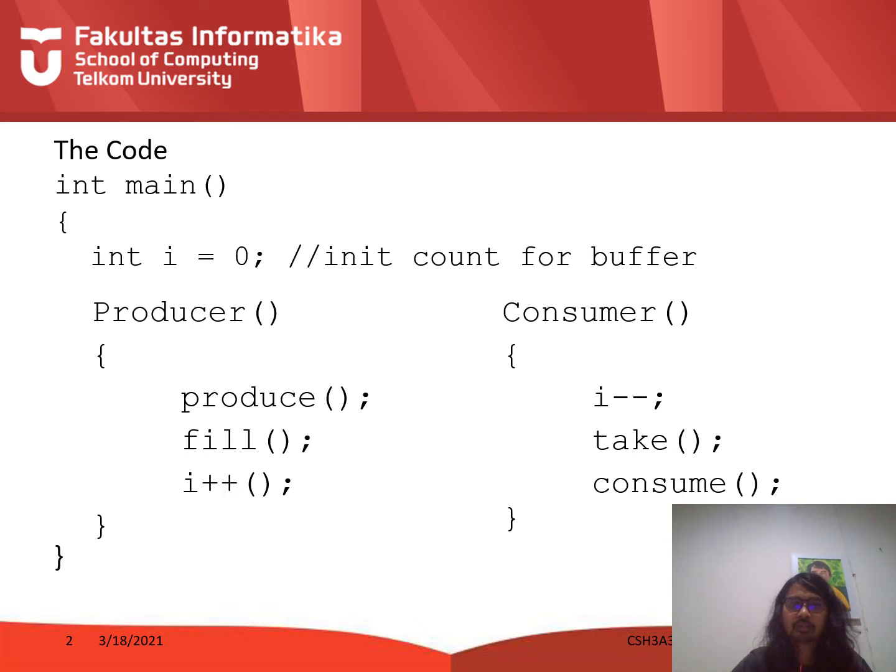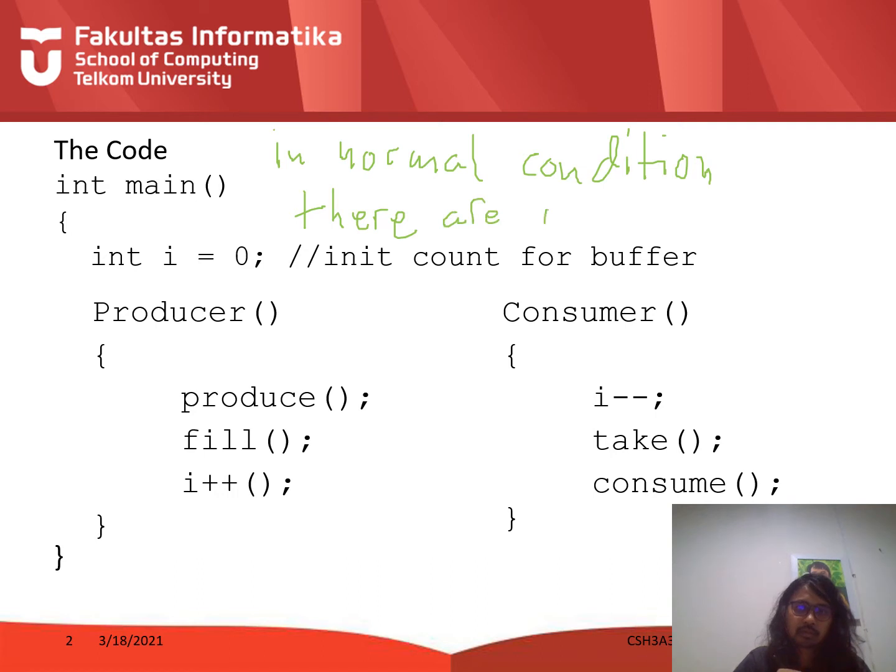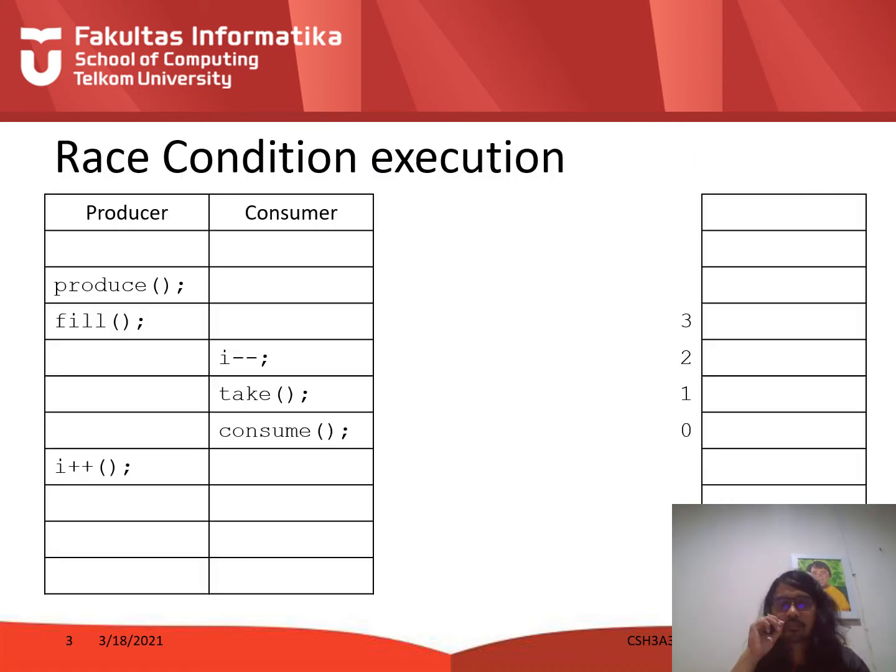And the conclusion of the execution is that in normal condition there are no problems. The problems will arise in a race condition. So in this video, we will discuss the race condition of the consumer and the producer problem.